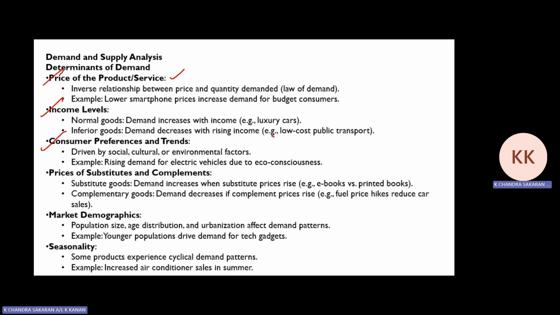Therefore, you find firms also changing their product according to this. If they do not change their product to the needs and taste and preference of their consumers, they may find that their product may not be marketable in the market anymore. People may not want to buy. Are you clear? Got it?